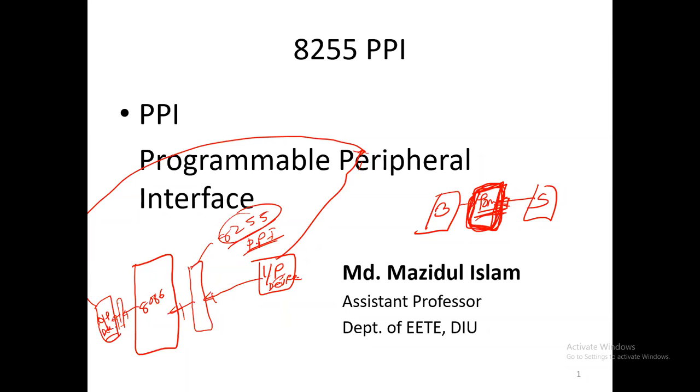This is the programmable peripheral interface. The microprocessor assigns this IC the work of port communication.